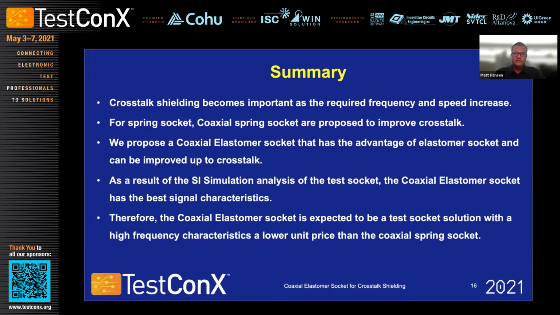We believe that elastomer socket can further reduce crosstalk overall. And then we still need to do more physical measurements for the elastomer coax to compare our HFSS modeling and validate that. But basically, we think that there's a strong future for an elastomer controlled impedance solution.